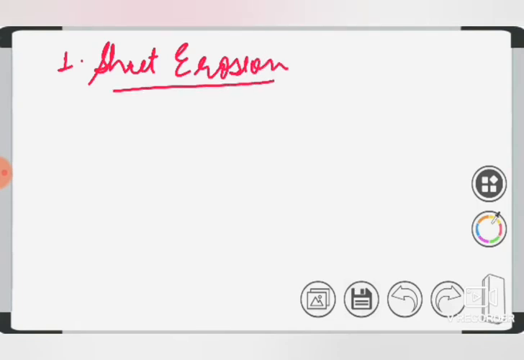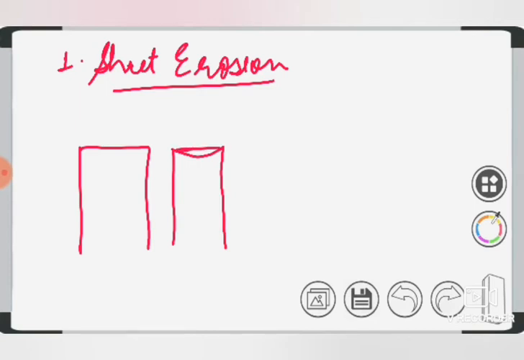If I am showing you this vertical section, this type of erosion in which this sheet is removed is known as sheet erosion, and the agent is again water. When rainwater comes and heavy rainfall is there, this type of erosion occurs. Again, it is harmful. Erosion, whether it is due to water or wind, is harmful.